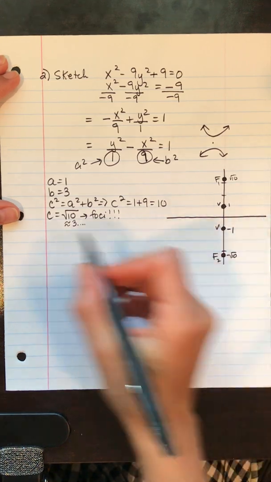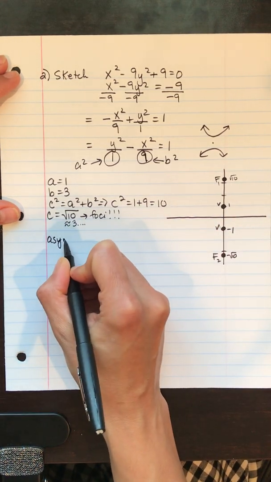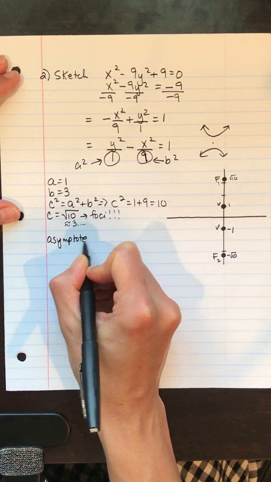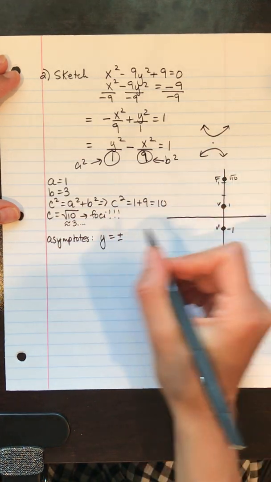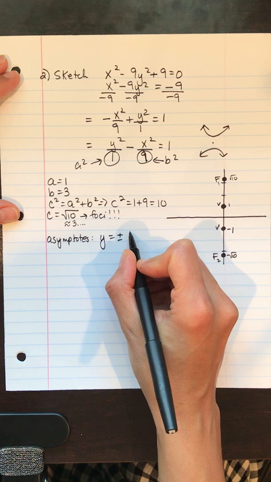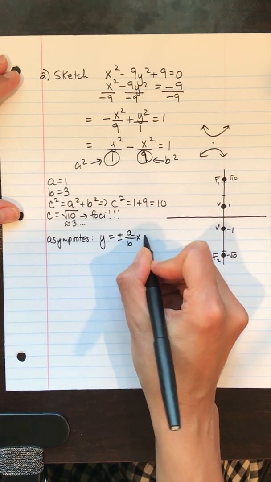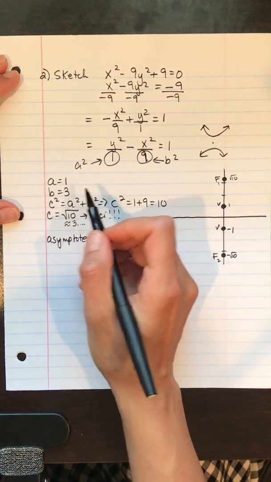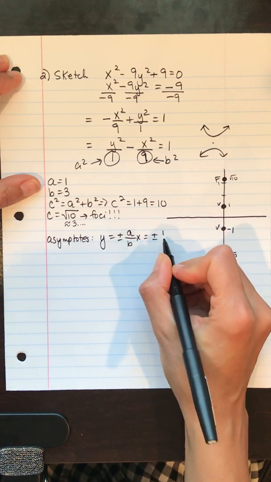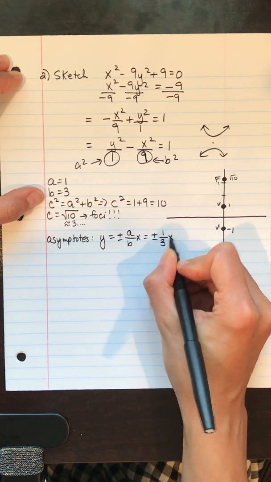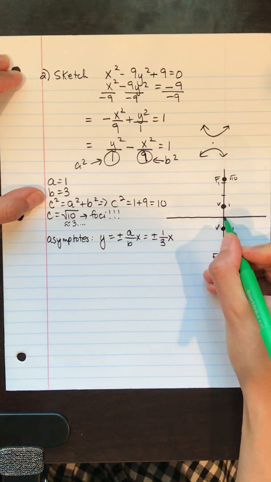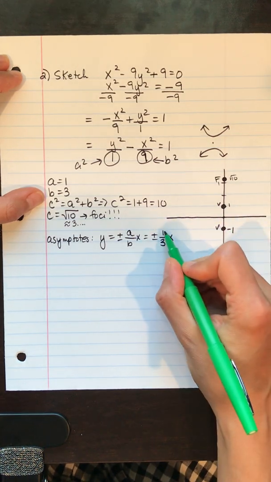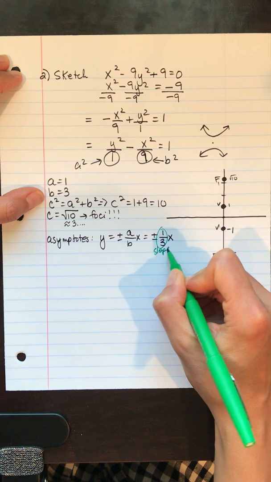Okay, now for the asymptotes. If you look at your chart, the asymptotes for a hyperbola that is vertical go a over b x. So it's positive and negative. What was a? It was 1, and then b was 3. So basically I go to the center, the origin, and this is a slope.